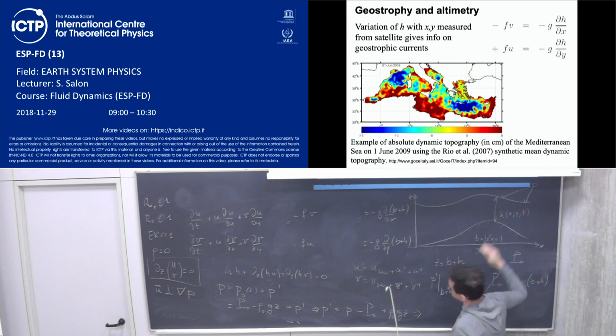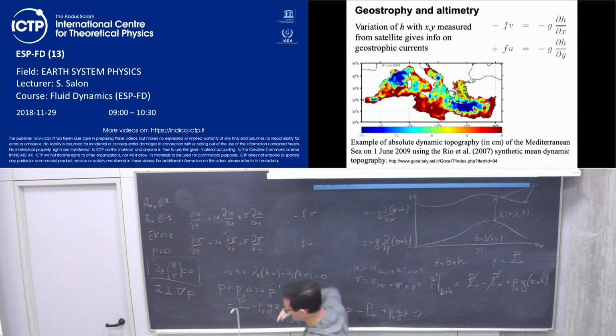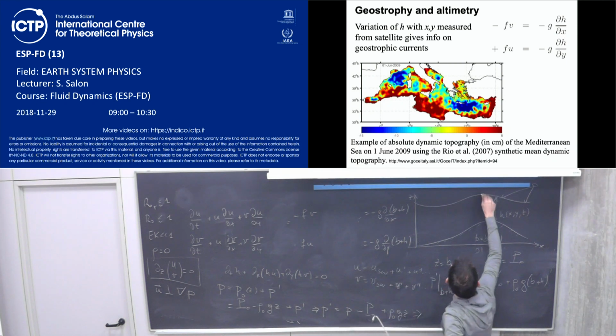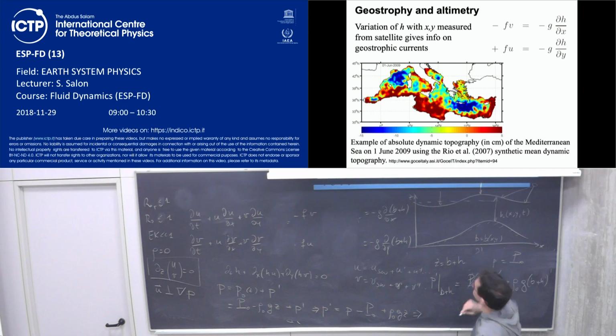Being on the normal of the surface, I can receive a shorter path, and so I can have a map like this. So this is the altimetry: the red part and the blue part. If we consider the reference geoid level, this is higher than the reference, and this is lower than the reference.